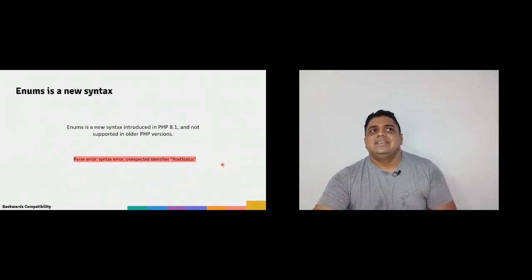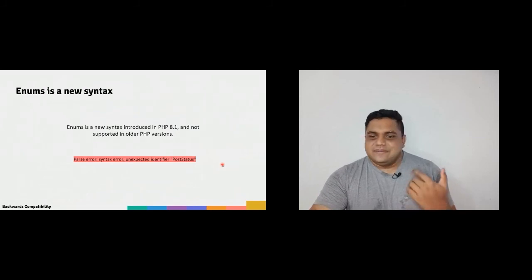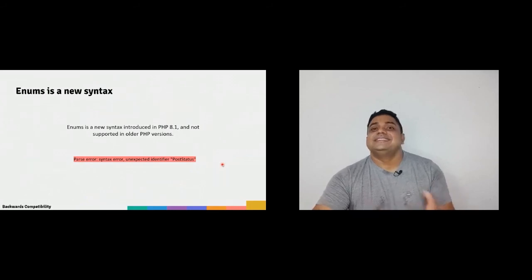So I'm afraid that the adoption of enums will be a little bit slower than we would like it to be. But that's one disadvantage of new syntaxes, right? Most of the private projects that I work on, I'm really excited to use enums, so I'm just going to change my composer requirements to say this will only run on PHP 8.1. But if you have projects like WordPress, you cannot do this. So just be careful when you try to use enums, as excited as you might be.